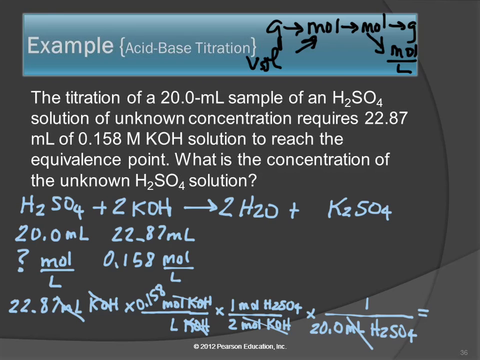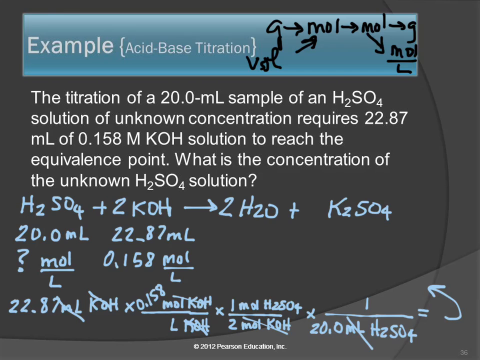So this is a more elegant or sophisticated way of doing it, which may not be the best way for you, but I'm going to show it to you. So 22.87 times 0.158 divided by 2 divided by 20. And there's not enough room to write it there, so we'll write it up here.